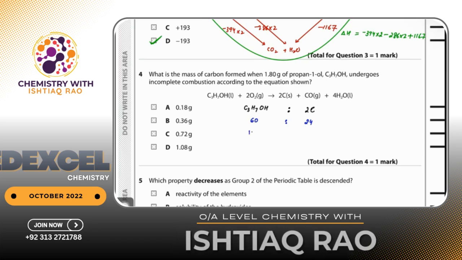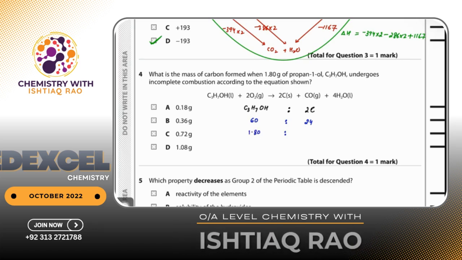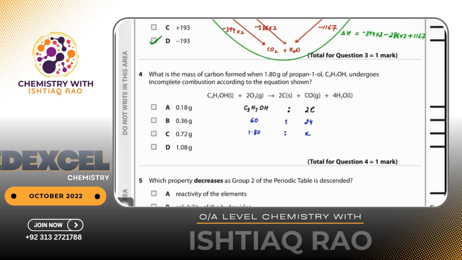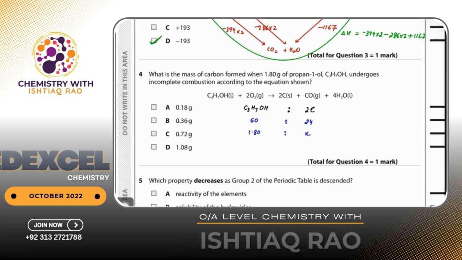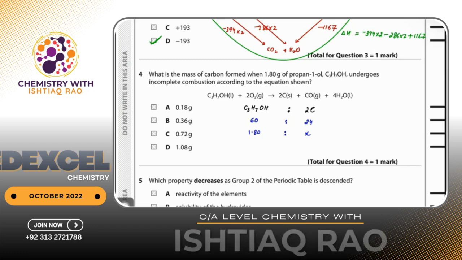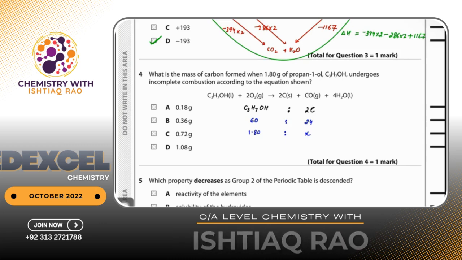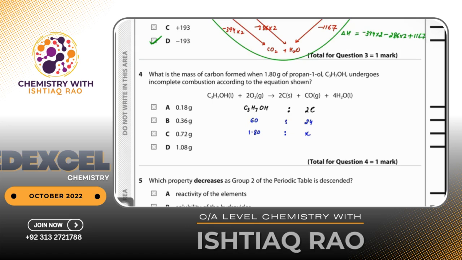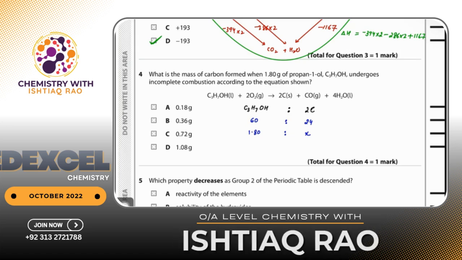This is 1.80 and this is X. So X is 0.72. Yes, okay.